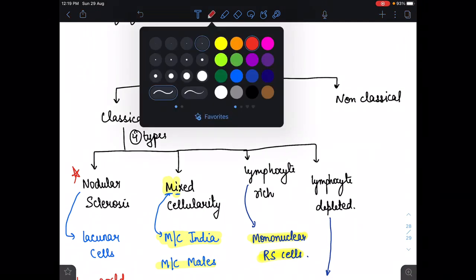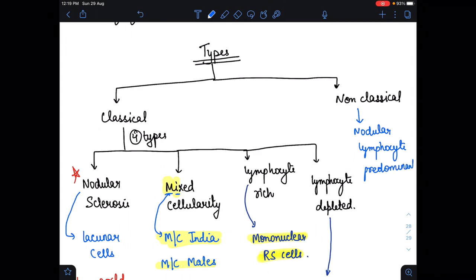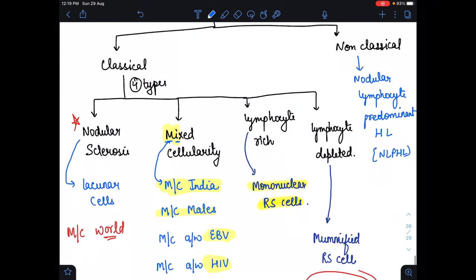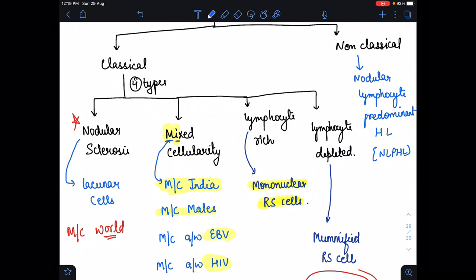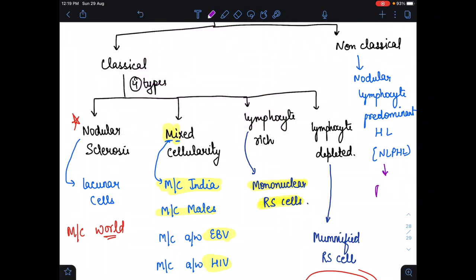In this, we find the nodular lymphocyte predominant Hodgkin lymphoma, which we can also write as NLPHL, and it gives the best prognosis.